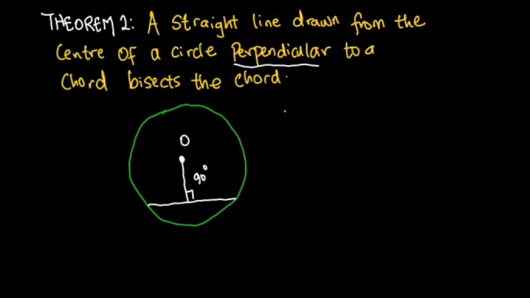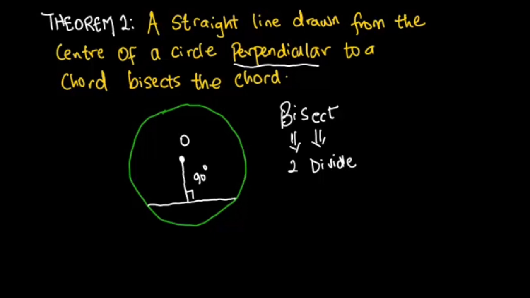Now some person might be wondering, what does bisect mean? Let's look at this word. Bi means two, like the word bicycle, two cycles. Then sect just simply means divide or division. So what does this mean? A line which is drawn from this center to this chord divides this chord into two equal halves.